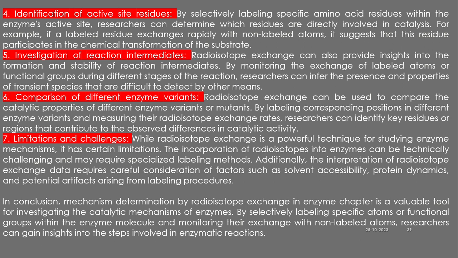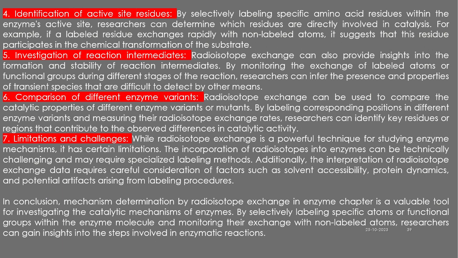These words you have to remember: insight. It provides insight into the formation and stability of reaction intermediates. By monitoring the exchange of a labeled atom or a functional group during different stages of the reactions, researchers can infer the presence and the properties of transient species that are difficult to detect by other means.